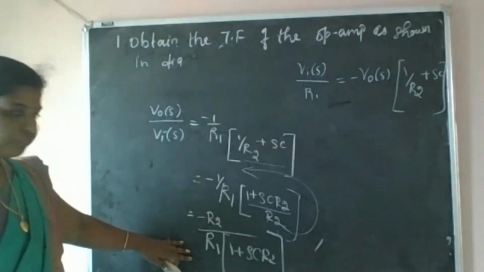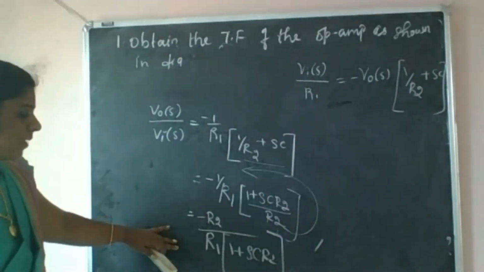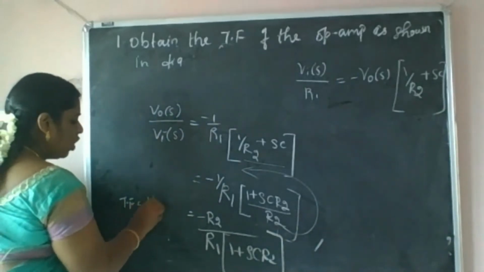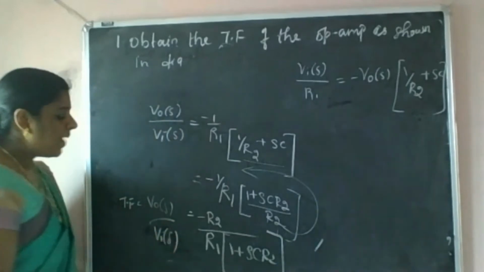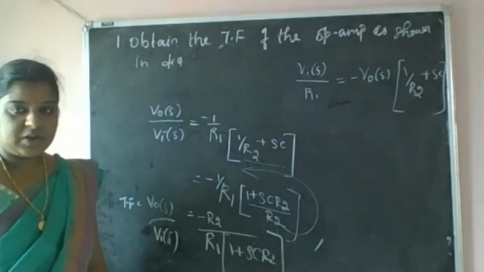So this is the transfer function for this given op-amp circuit. The transfer function V0(s) divided by Vi(s) is equal to minus R2 divided by R1 into (1 plus sCR2).